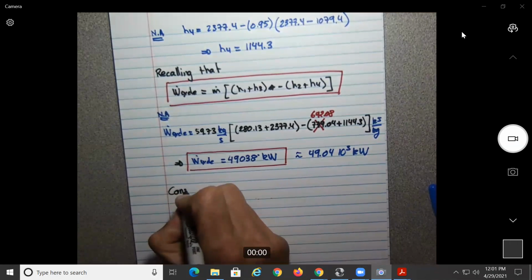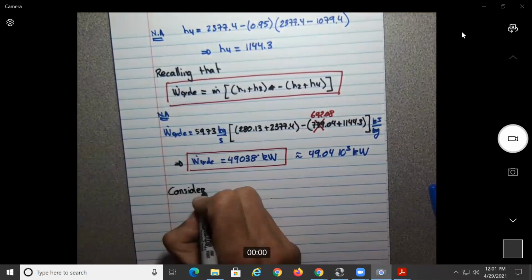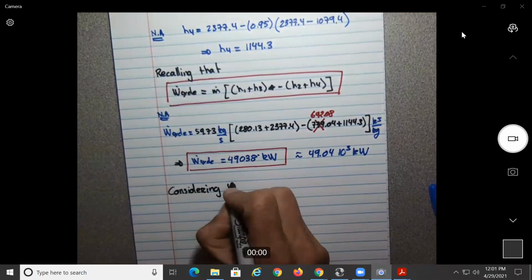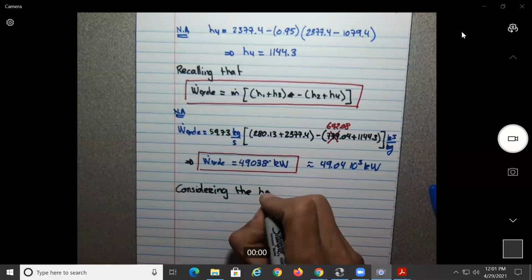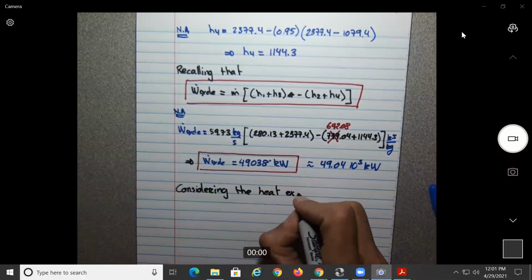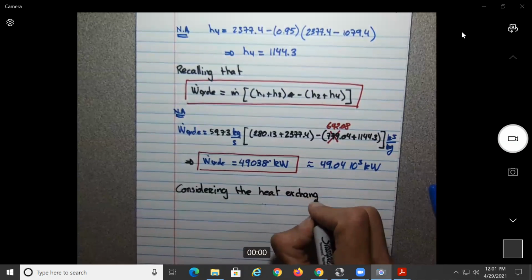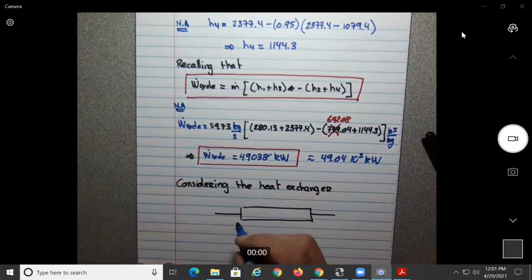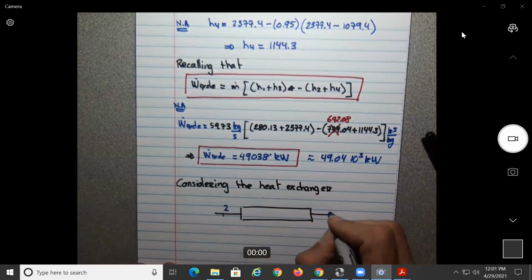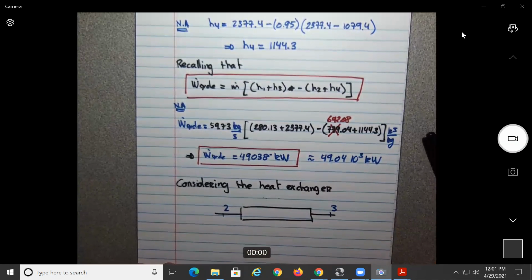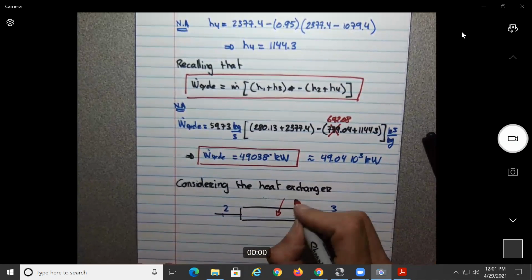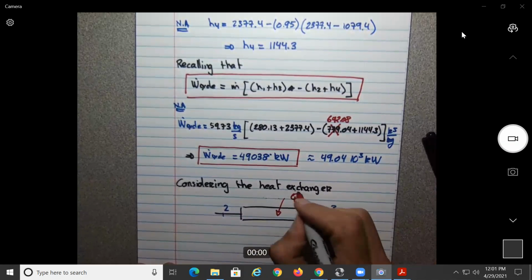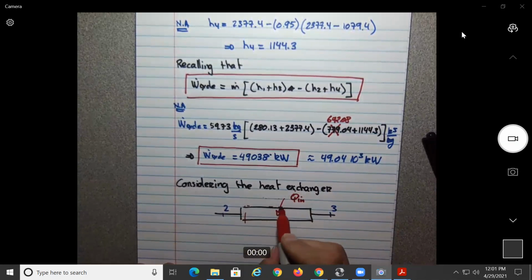Considering the heat exchanger between 2 and 3, that's where we have the Q in. And this will be our control volume.